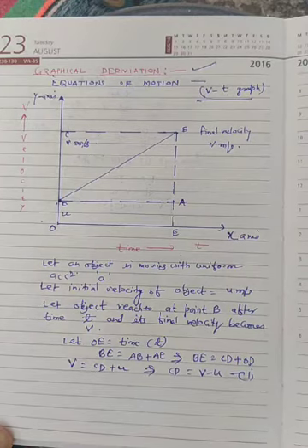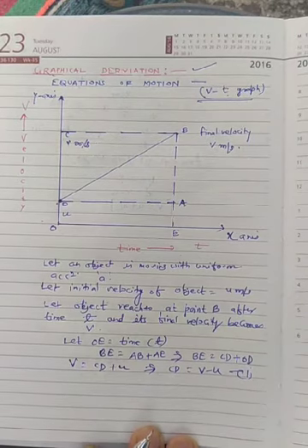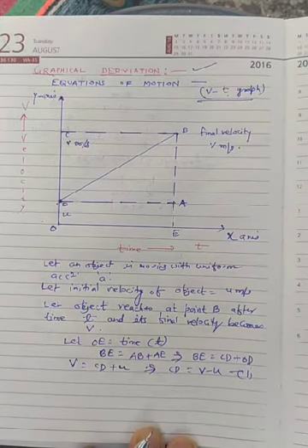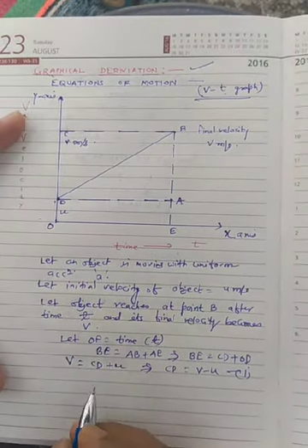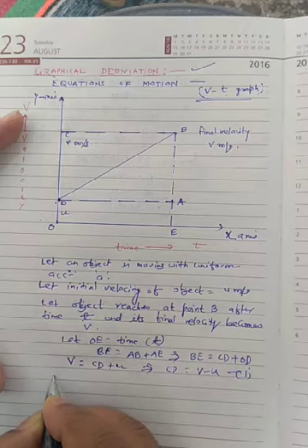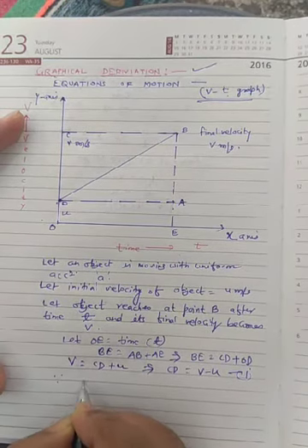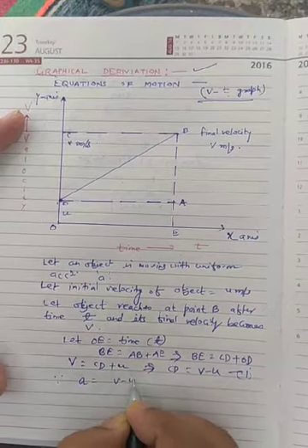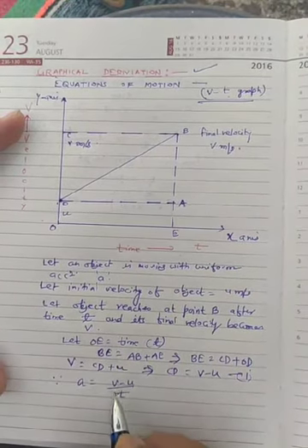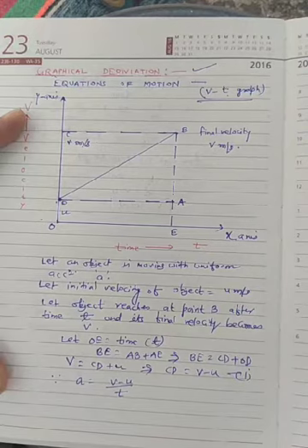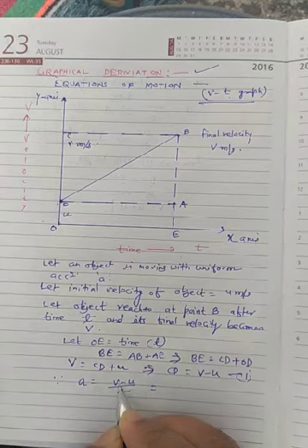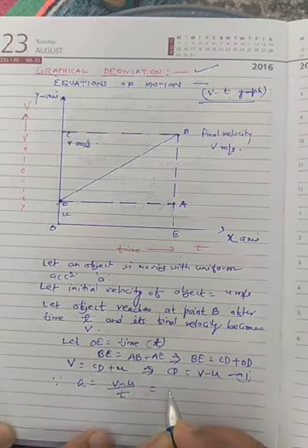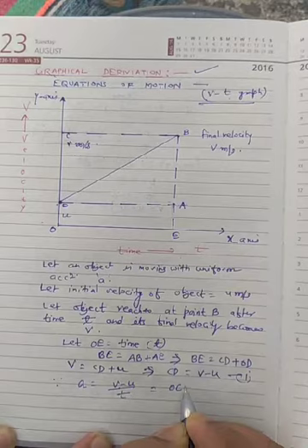Now students, in the previous class, we discussed the mathematical formulation of acceleration. Since we know that a equals v minus u by t, in place of v, what can we write? In place of v, we can write OC. Yes.